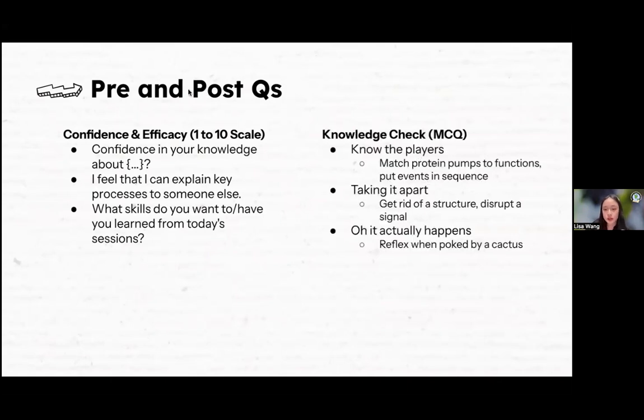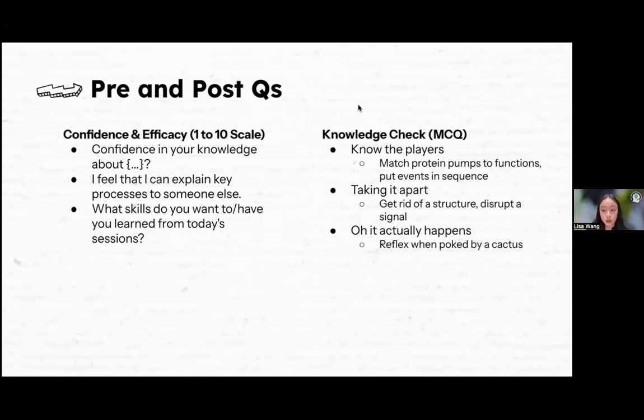In the second set of questions, these are the knowledge checks, usually multiple choice, some matching. And again, I split them into three categories, sort of. So one is getting to know the players. From a physiology standpoint, I'll get to more of the conservation examples later on, but how do we match protein pumps to functions, put events into sequence?